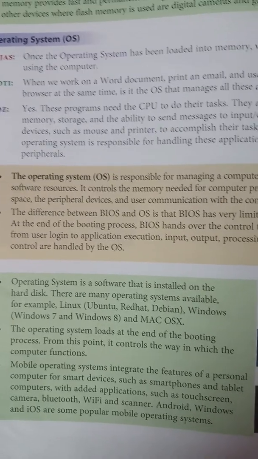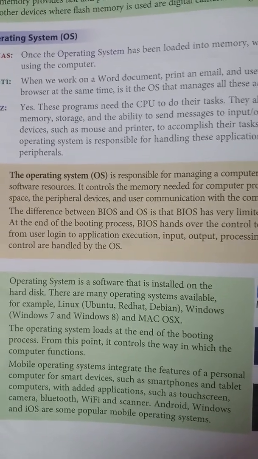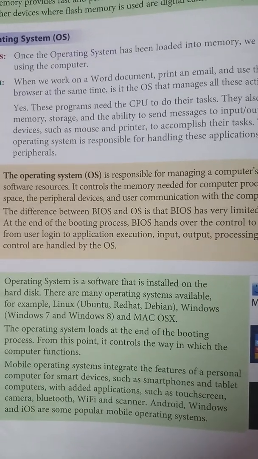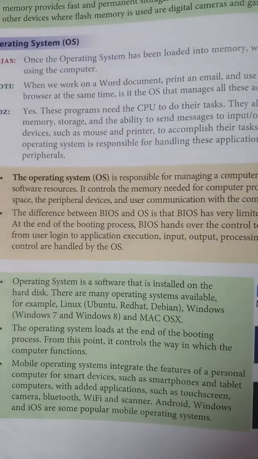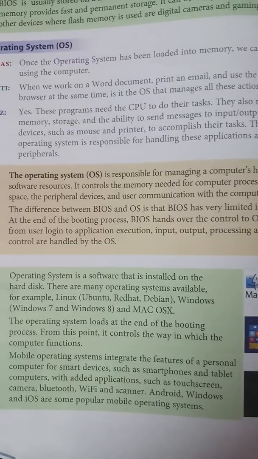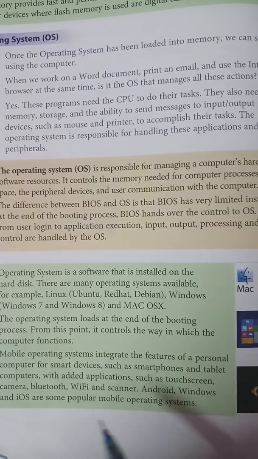Okay, it handles them. And what are the operating systems available? Linux, Windows and Mac OS X. What are the mobile operating systems available? Android, Windows and iOS are some popular mobile operating systems.